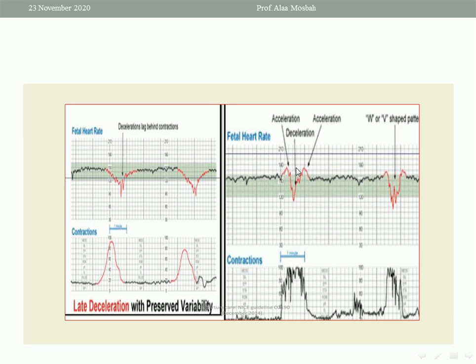This is the shoulder, the acceleration, as I told you before. This sign is a W-shaped deceleration. As I told you about it, it is one of the concerning characteristics, the biphasic or double or letter W shape, okay.